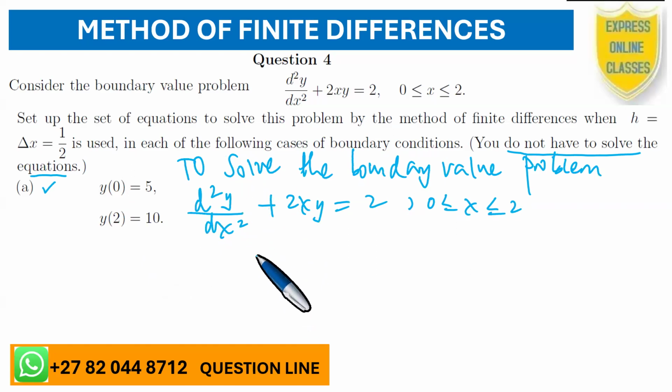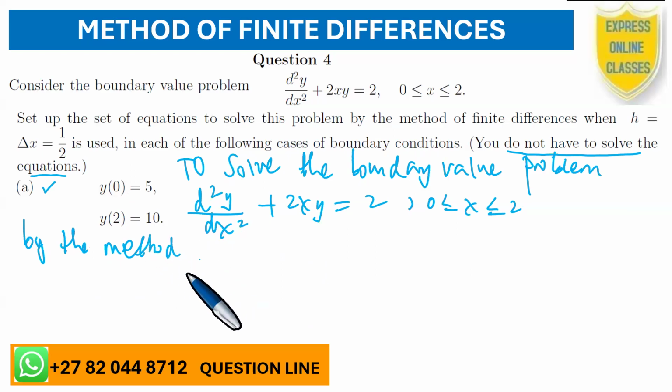Right, so we continue to analyze this. To solve the boundary value problem by the method of finite differences, there are a couple of things we need to look at.